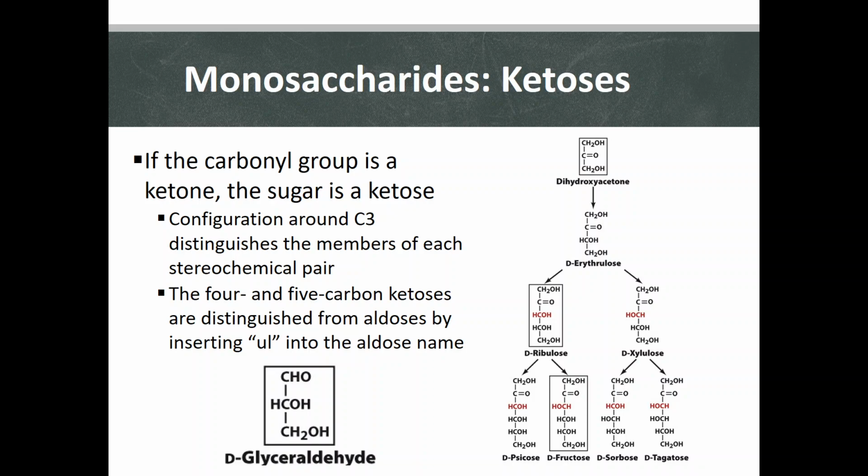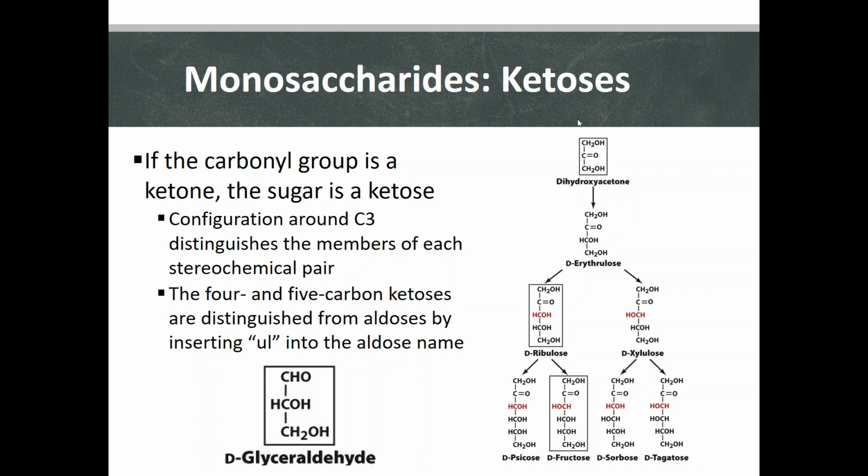Now, unlike the aldoses, the ketoses are defined based on the C3 configuration. So remember, when we started trying to differentiate the different pairings, I told you that for the aldoses, it was the C2 chiral center that differentiated, but here it's C3.